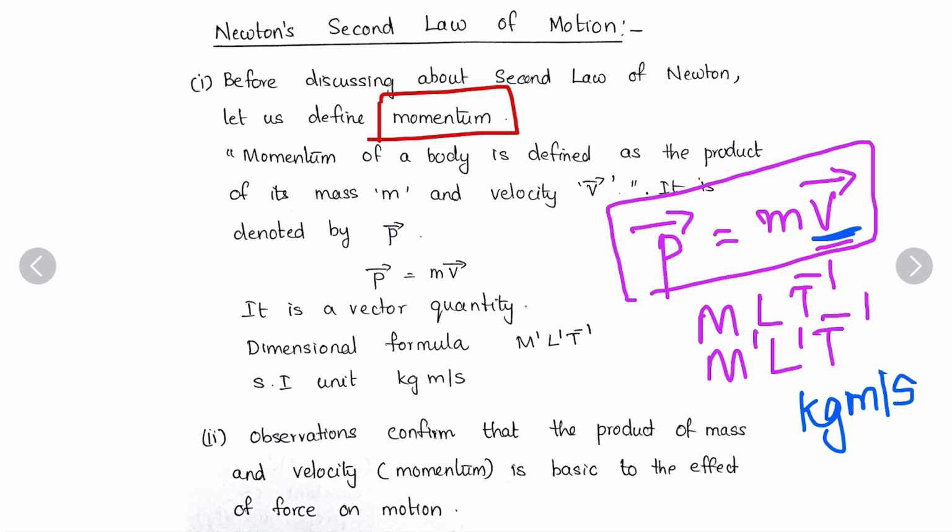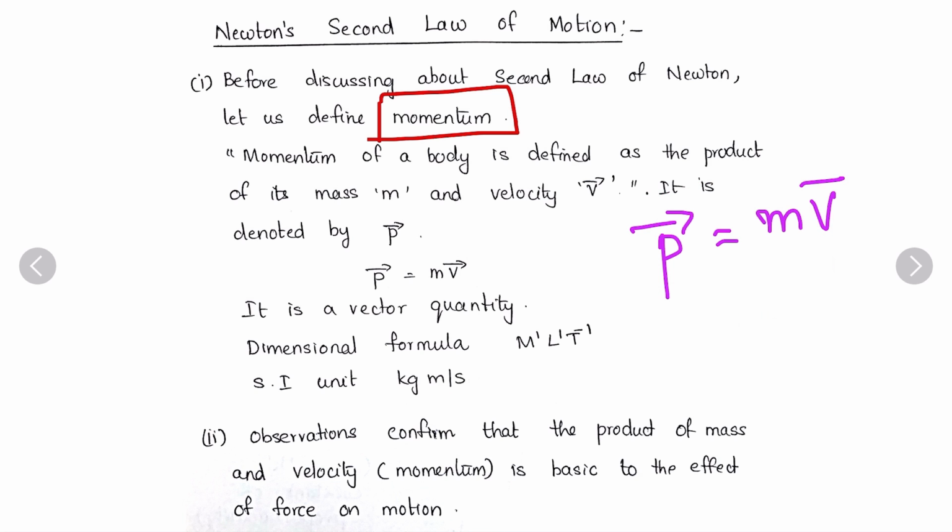Therefore, the SI unit for momentum is kg meter per second. So momentum has to be defined first. Momentum is equal to the product of mass and velocity. You have to know that word, because it's very important in the coming discussion, and in the coming days we will derive the law of conservation of momentum.